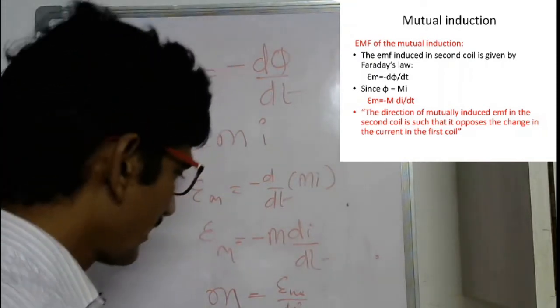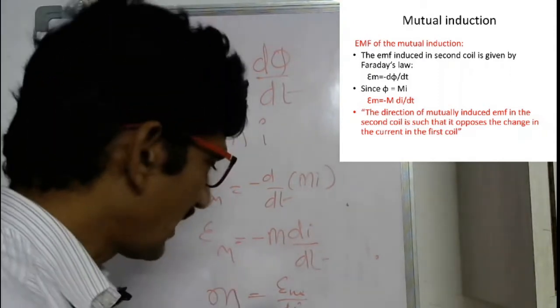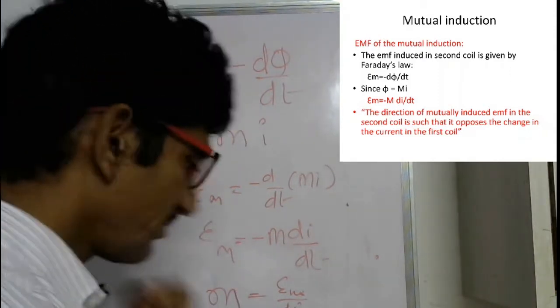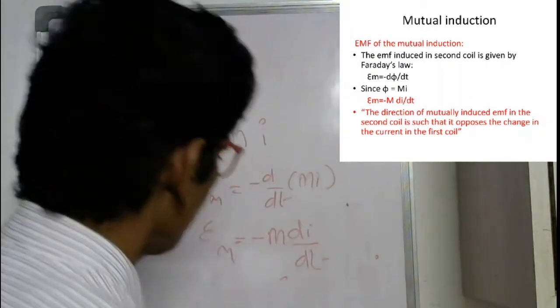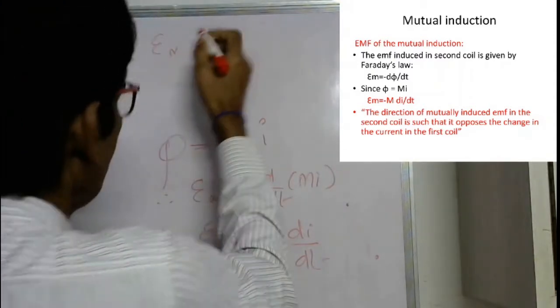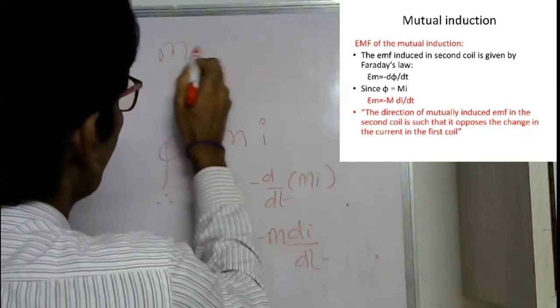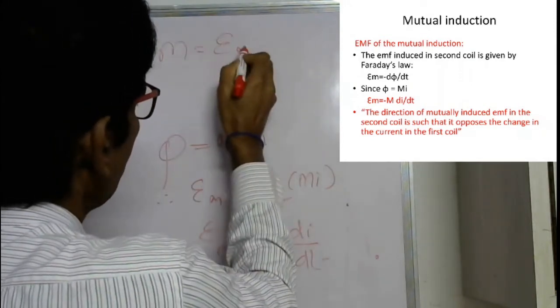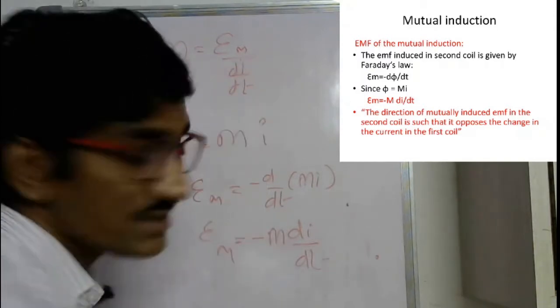By using this relation, M is equal to EMF by dI by dt. Just let us take the magnitude of this.